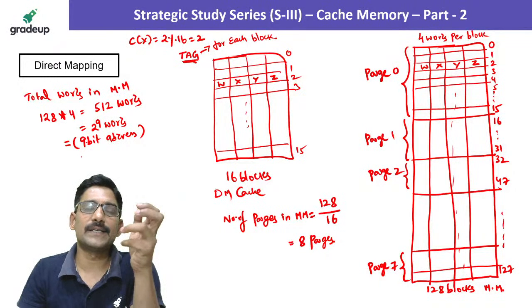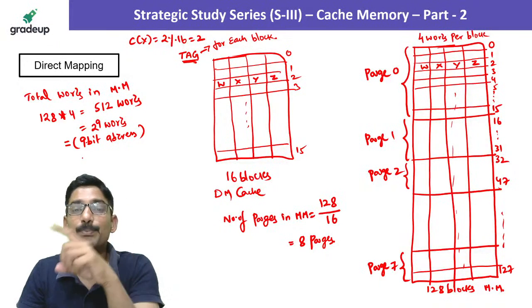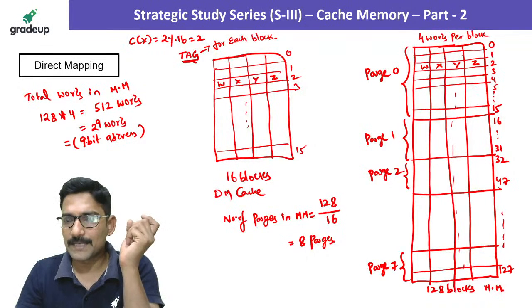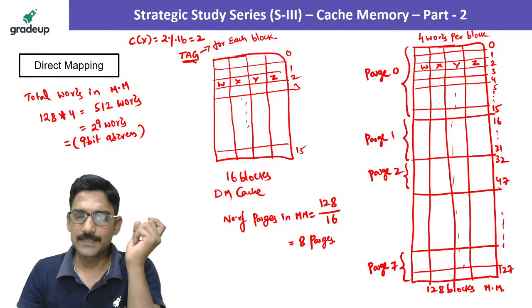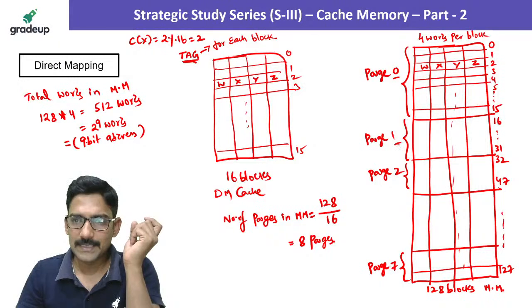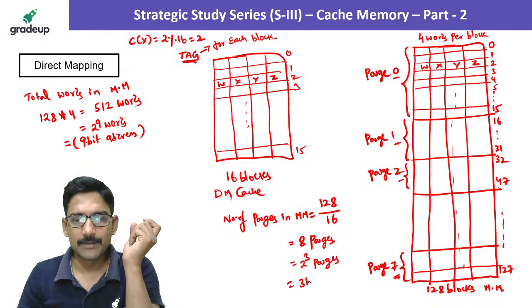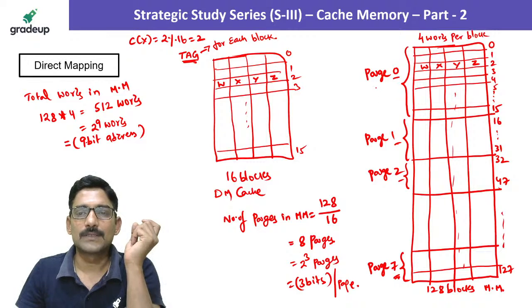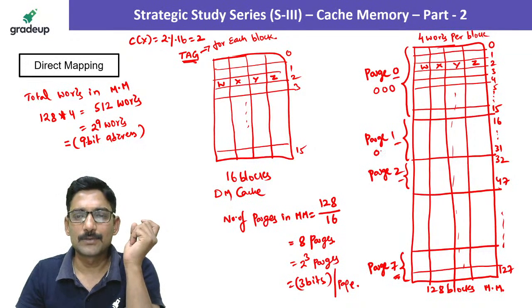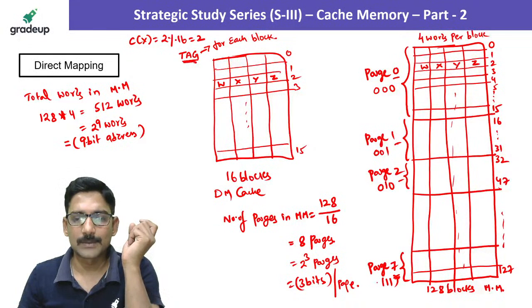What is maintained as tag by the DM cache? Page number. From which page is this copied? Page 0. Total how many pages are there? 8 pages. That means 2 cube pages. So there will be a 3-bit number per page. This is 000, 001, 010, and so on to 111.